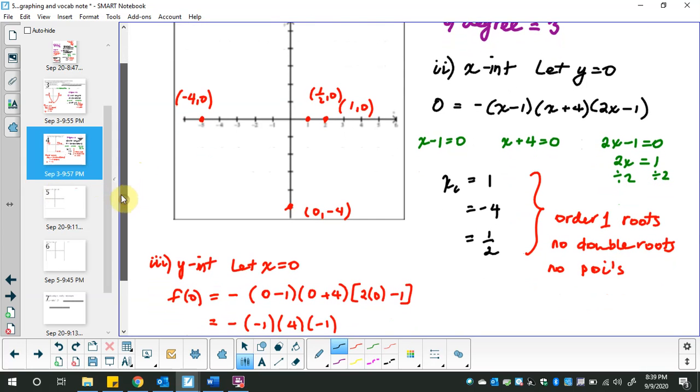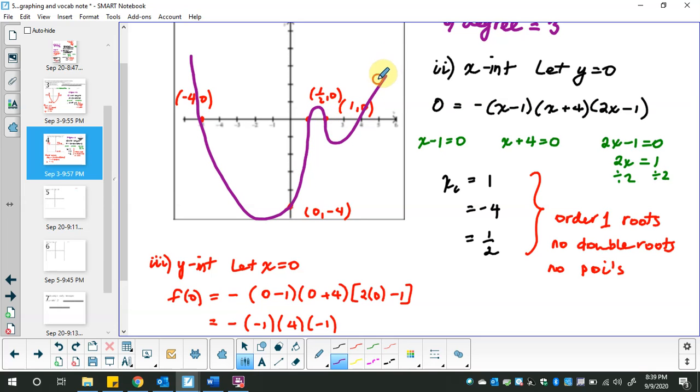Now, I am going to join them wrong. Yeah, I'm yelling at you. I'm not going to join them right here. I'm just going to do something completely wrong. So I'm going to come down through this x-intercept, up through this y-intercept, up through this x-intercept, down through this x-intercept, and then woo!